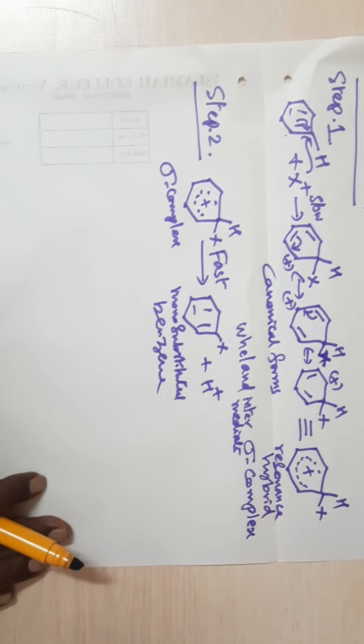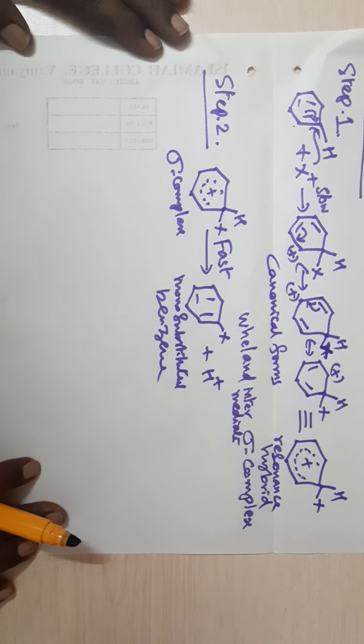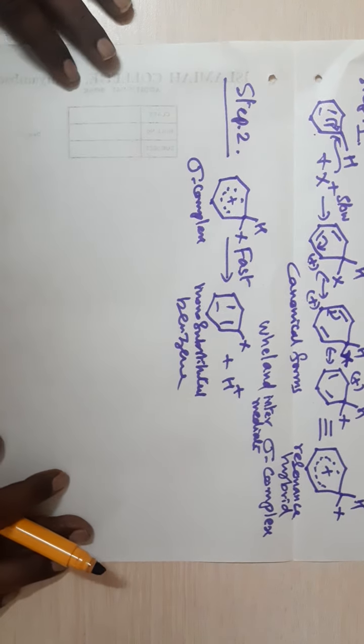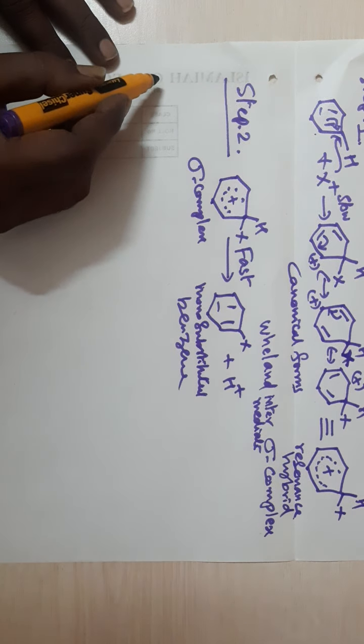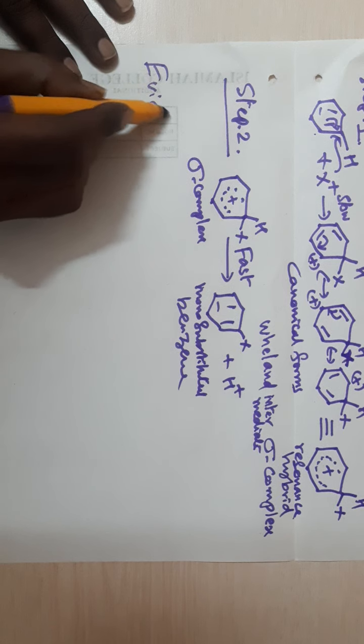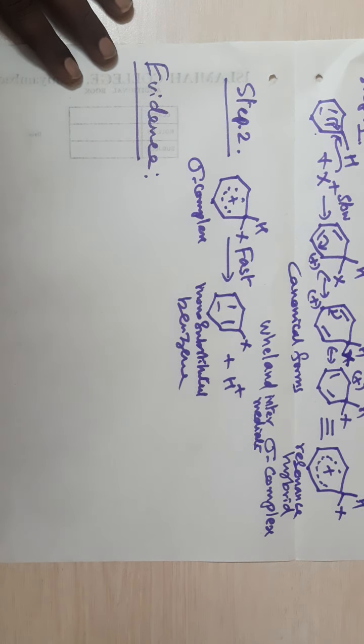Now, boys, we say that the aromatic compound undergoes electrophilic substitution in this way. If it is undergoing electrophilic substitution in this way, what is the evidence for this mechanism? See, any mechanism in organic chemistry should be supported by evidence.